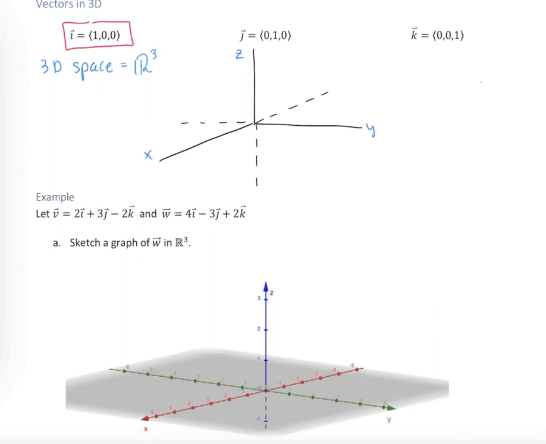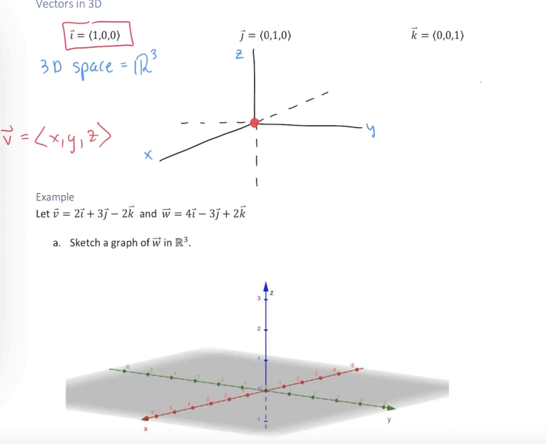Now remember, i is a unit vector in the positive x direction, and as we just mentioned, any vector, let's say vector v, is going to consist of an x value, a y value, and a z value that would be the ordered triple at which my vector terminates if it were centered at the origin, or if the initial point was at the origin.